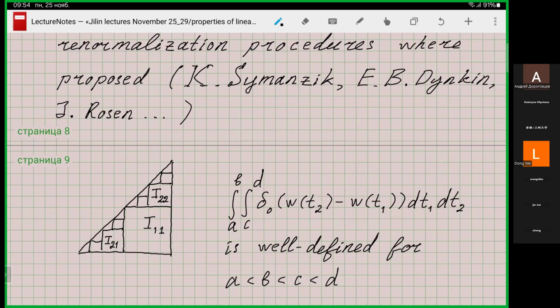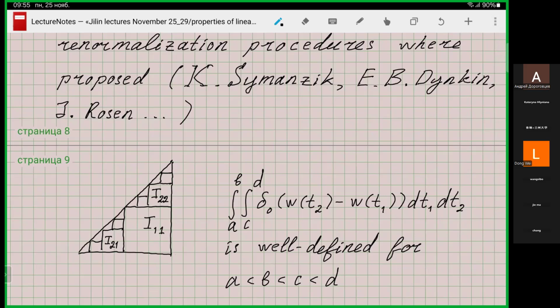At least now everybody can take expectation and check that it is finite, because now we have this relationship between a, b, c, d. Then we can consider the sum of integrals over such squares as I drew in the picture. It turns out that this sum converges, and one can see that it is one of the ways to define renormalization for self-intersection local time for Brownian motion.